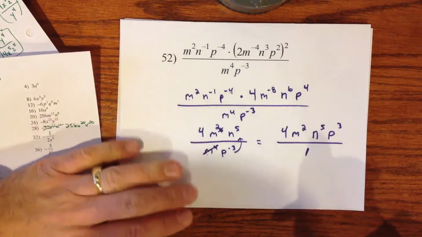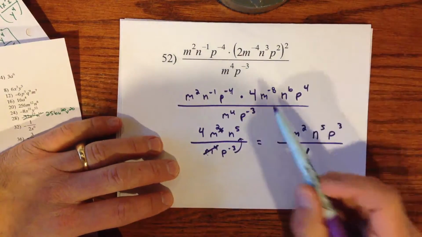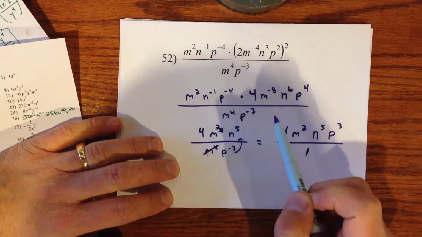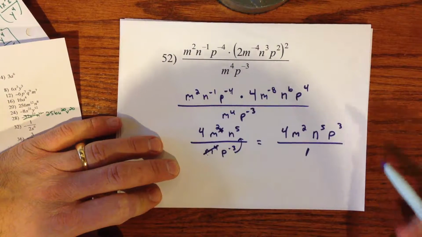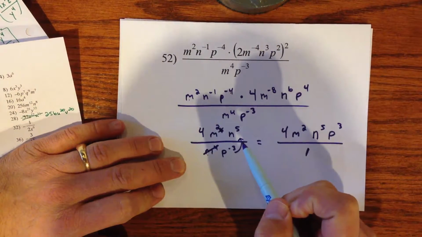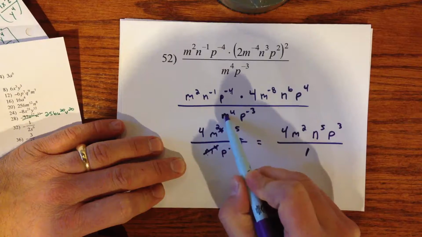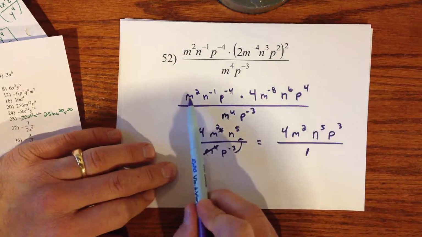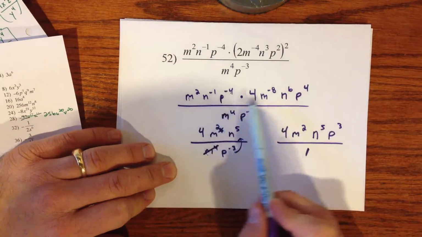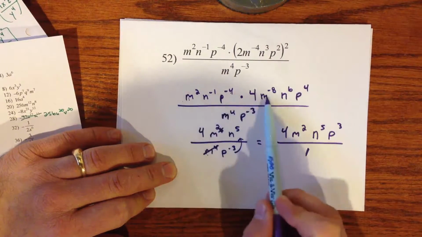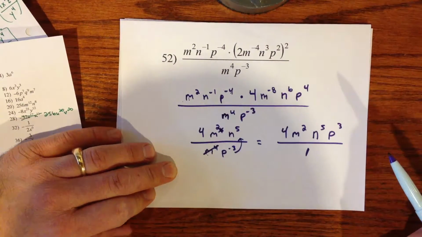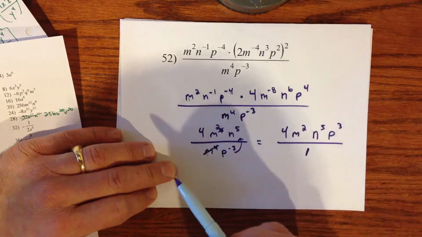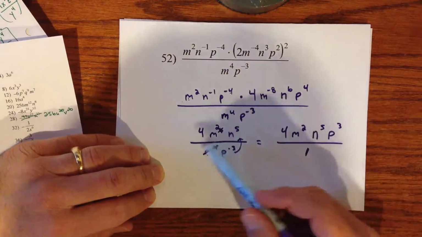I forgot to move my m to the 8th down. I had m to the 4th here. And when I was putting these two together, I added wrong. Oh boy.